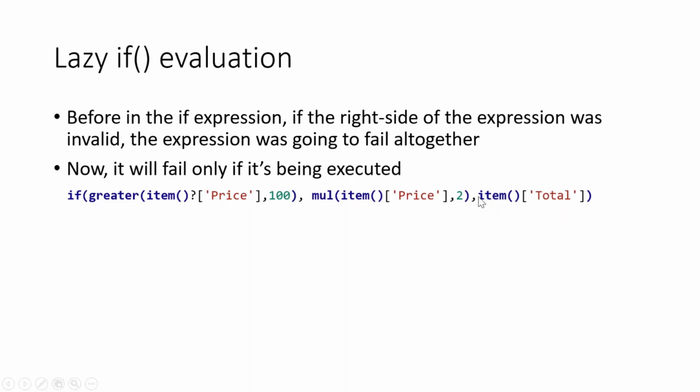It doesn't matter if this second part of the expression is going to be used or not. Logic App was evaluating everything to make sure all the fields were in place. So what they say with the lazy if evaluation is, if this is the only piece that is going to be evaluated and calculated to give a response back, they don't care about this.